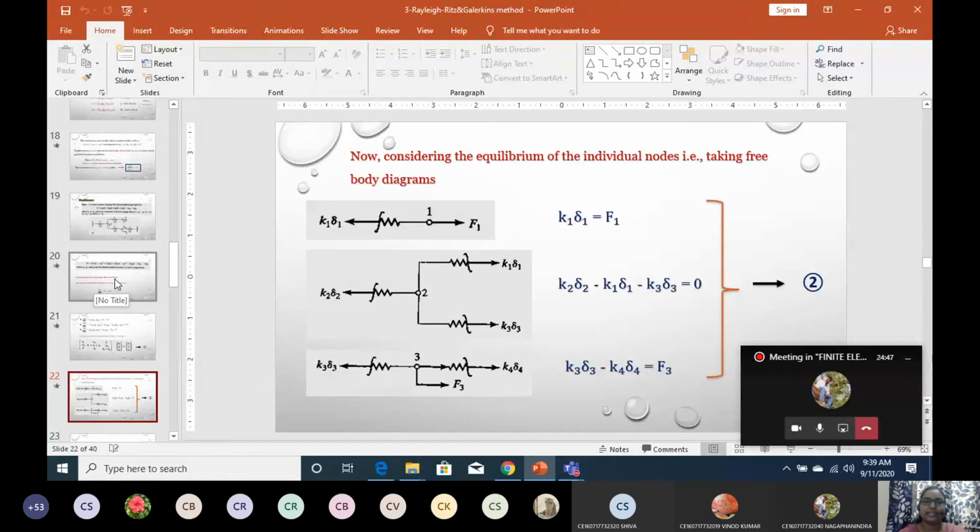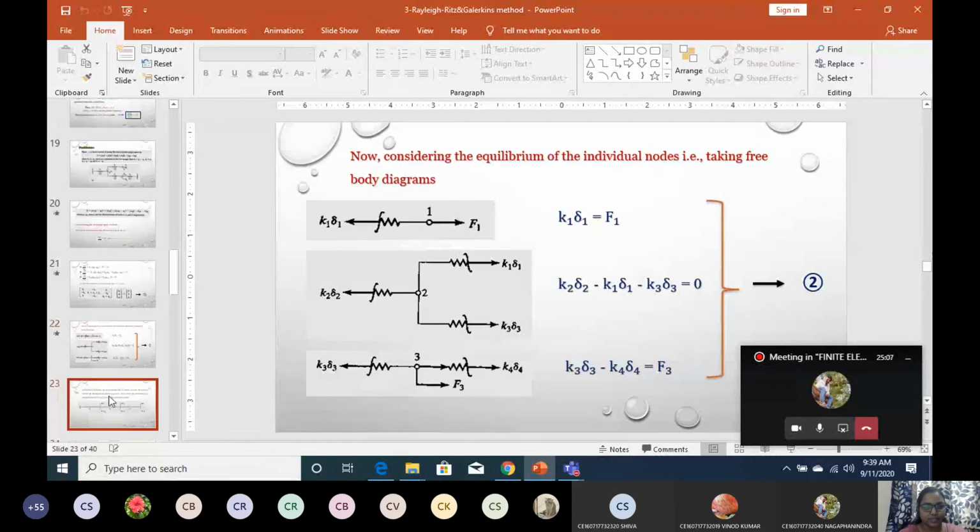Directly it is given like use minimum potential energy approach or taking potential energy approach into consideration, what would be the solution? So we have to understand that when I'm talking about potential energy approach, it directly means the Rayleigh-Ritz method.